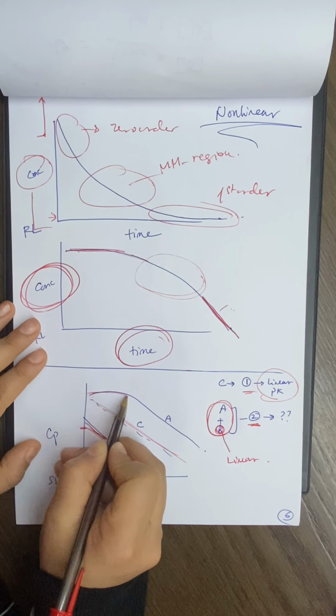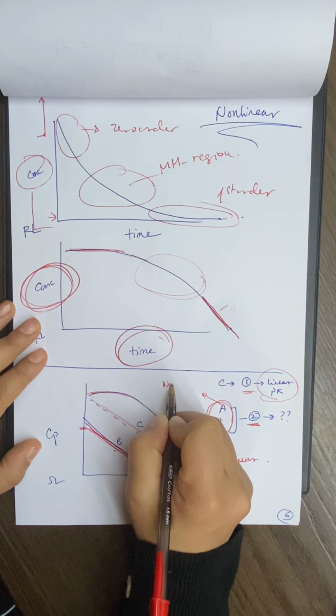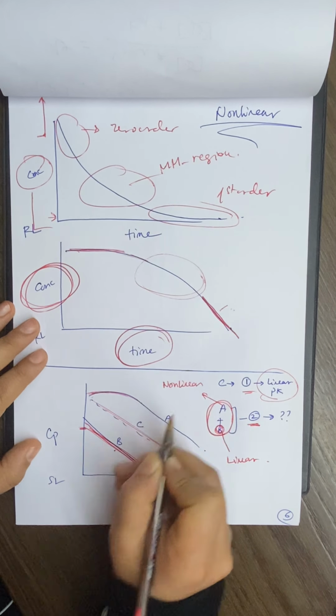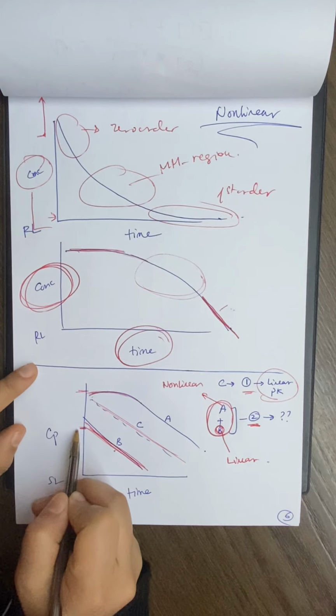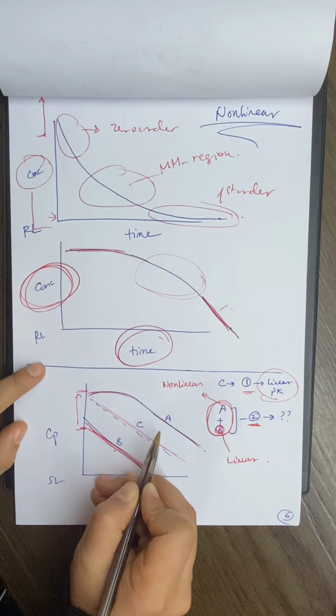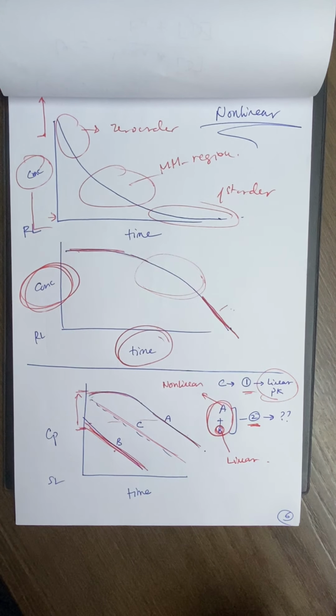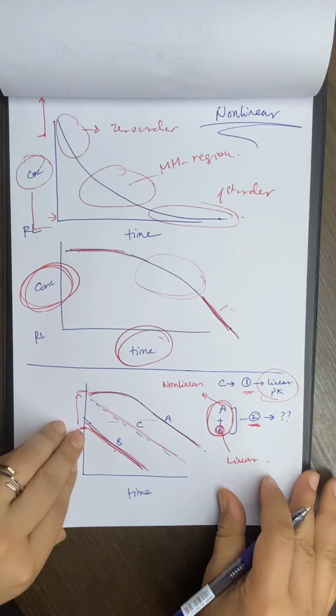When you increase the concentration, the drug is behaving as non-linear. So you will see the non-linearity when you are increasing the concentration. But when the concentration becomes lower, again the drug behaves as first order or linear kinetic.